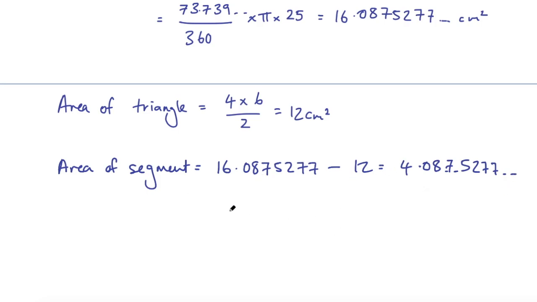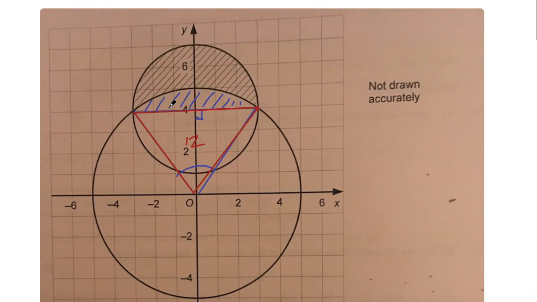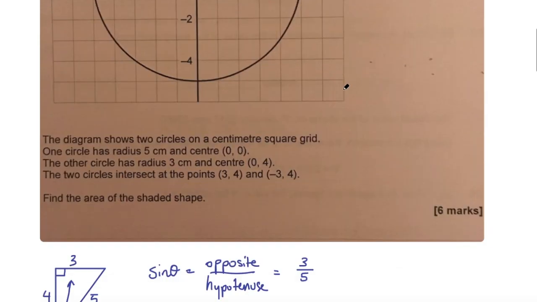Okay, so that's the area of the segment, which was this area I shaded in blue. Now we want this area shaded in grey, so I can find the area of that semicircle, take away the area of the segment, and then we're done.